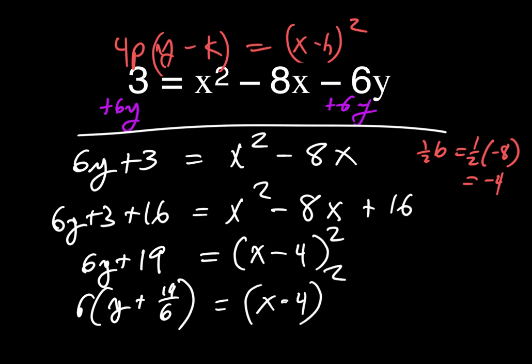squared. The vertex of that parabola is what makes this 0 for the x, 4. What makes this 0 for the y, negative 19/6.